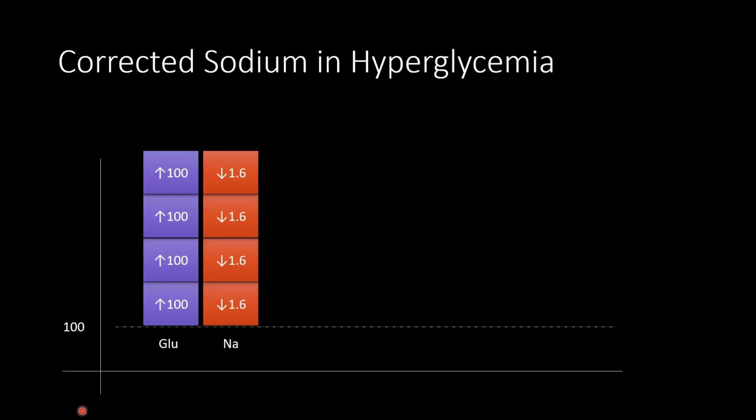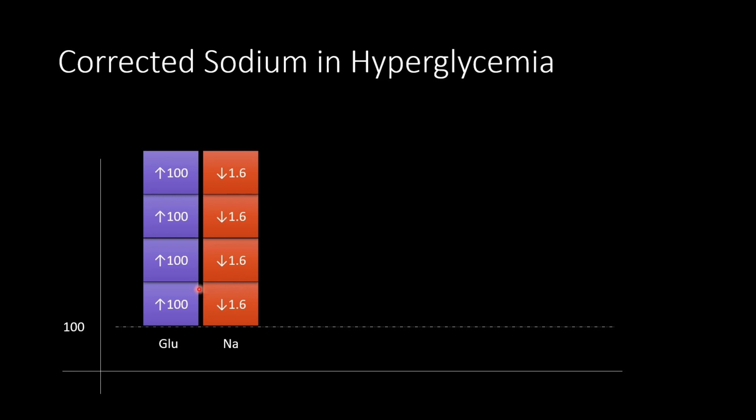So with every 100 milligram per deciliter increase in glucose concentration above a baseline of 100, the sodium appears as if it is falling by 1.6. Suppose at an RBS of 100 milligram per deciliter, the sodium level is 135. So at an RBS of 200 milligram per deciliter, the sodium will appear as if it is 133.4.